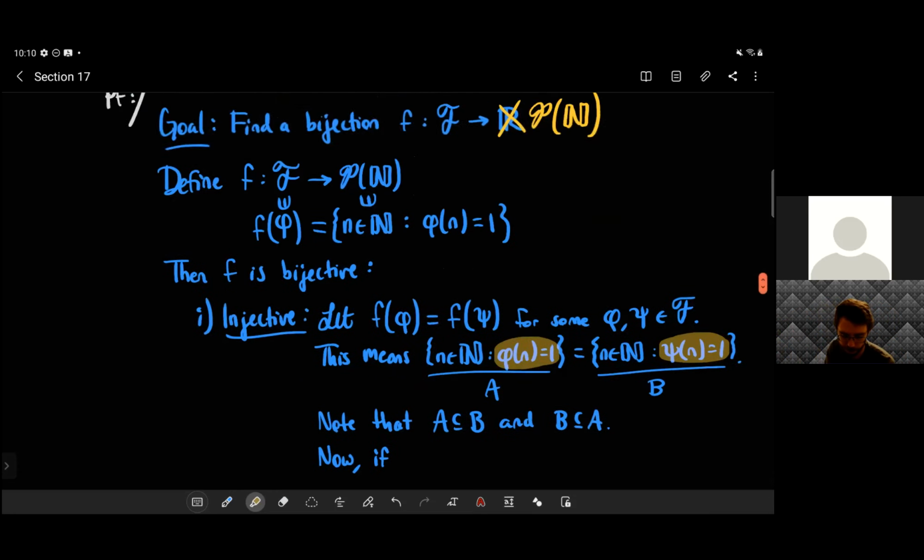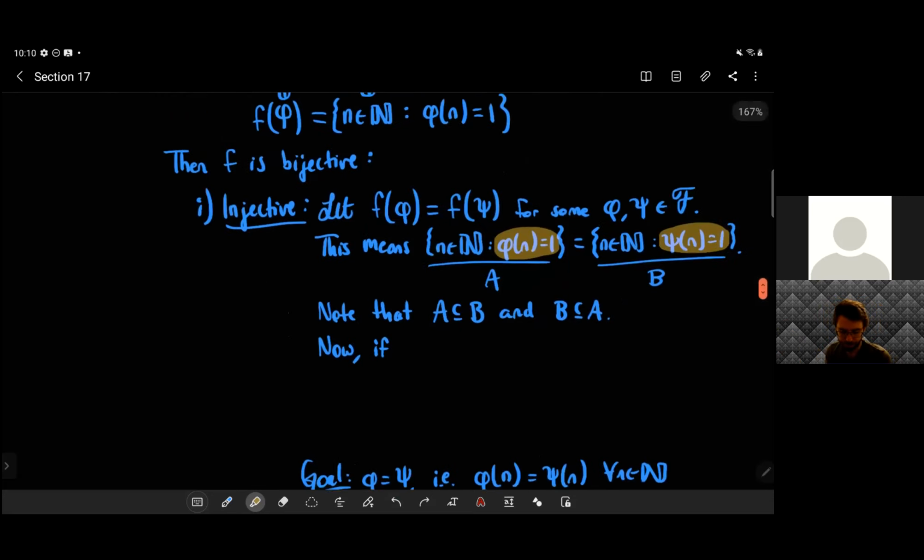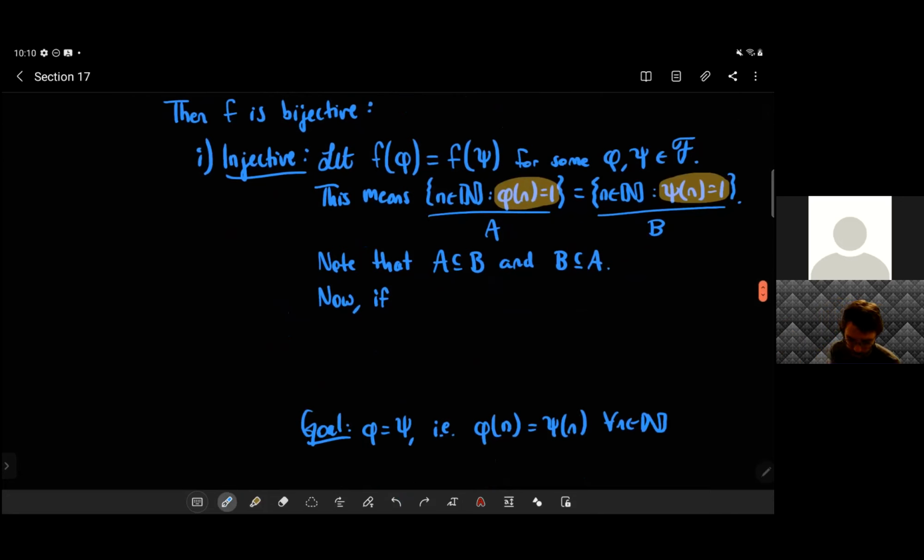Like in this function up here, my function was either evaluating to 0 on certain inputs or evaluating to 1 on other inputs. So, all right, let's just say n is in A, which is to say phi of n equals 1. That's the defining characteristic of the set A. It means phi of that number equals 1.